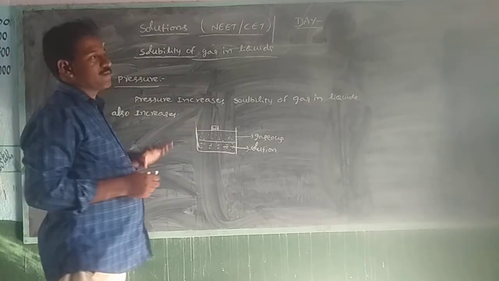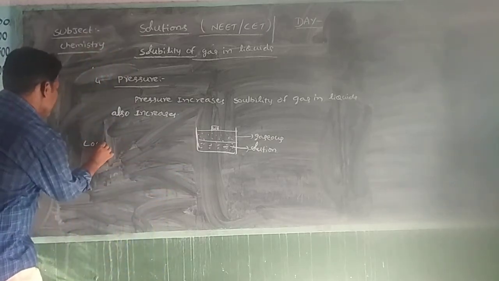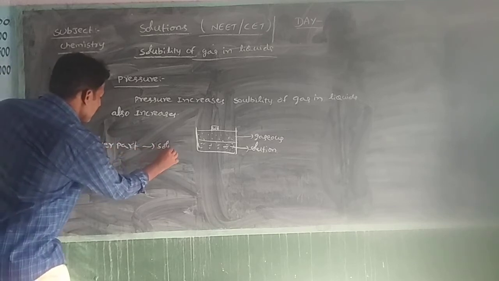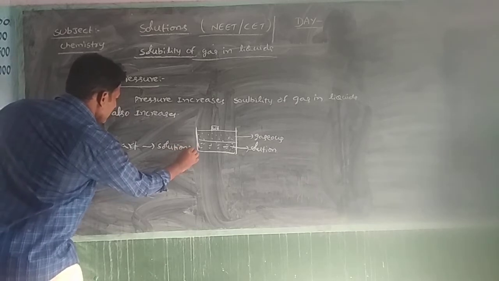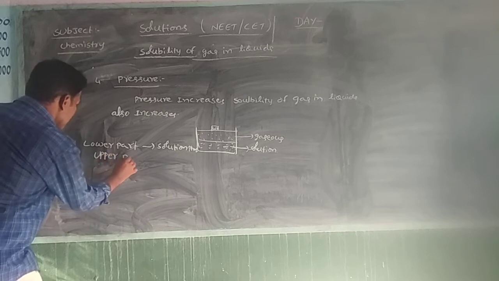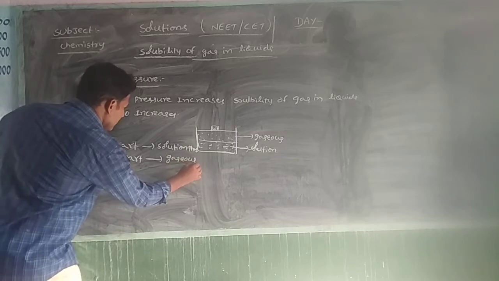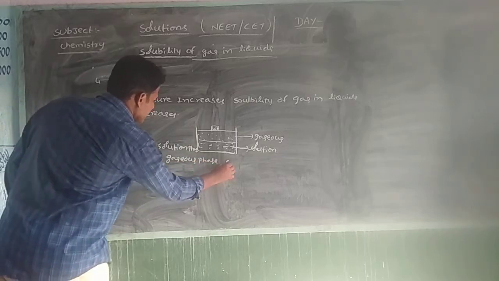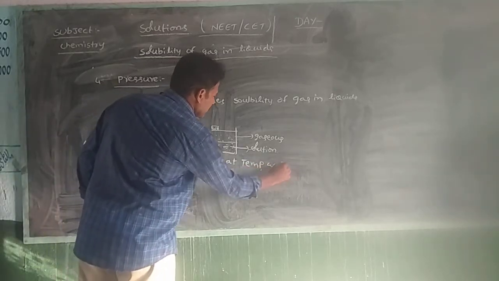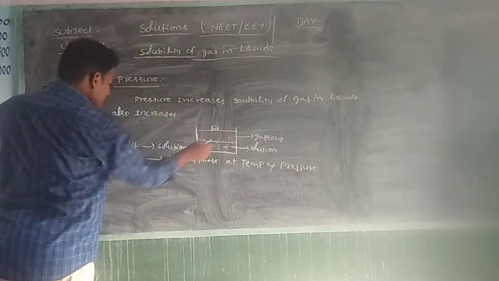When the system is in dynamic equilibrium, the lower part is the solution phase and the upper part is the gaseous phase. At a given temperature and pressure, the system is in equilibrium.